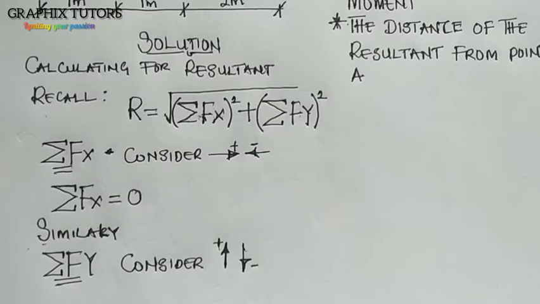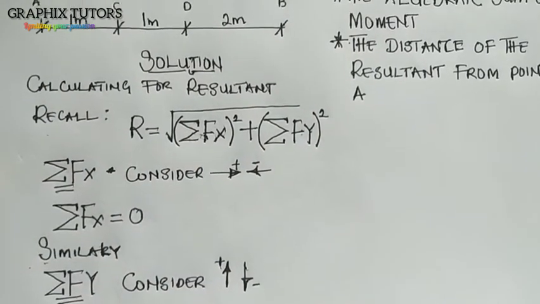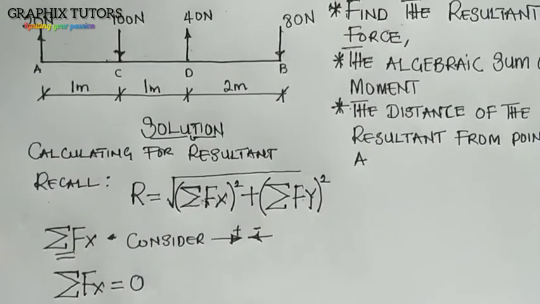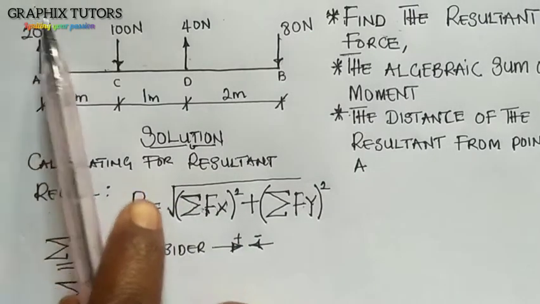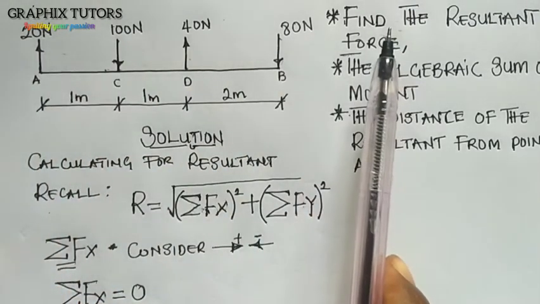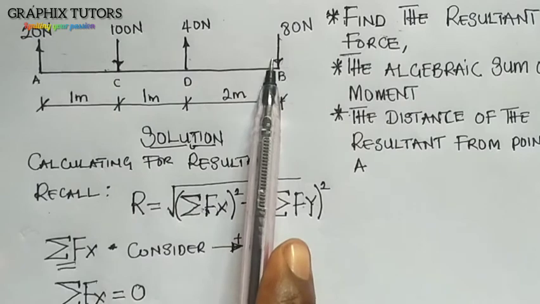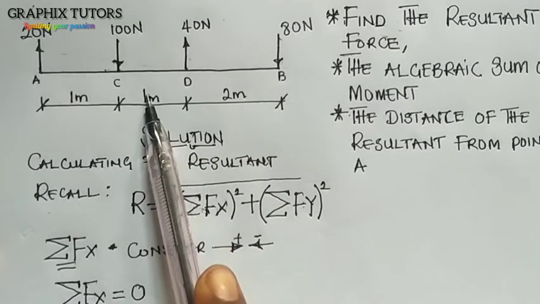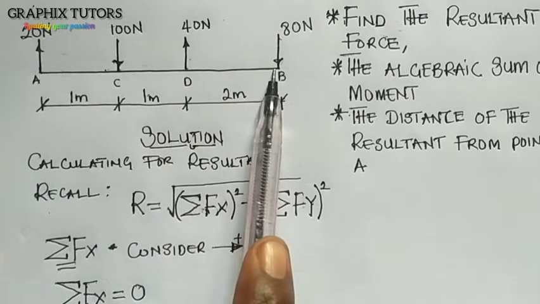Right? So in doing that, we can say we have F of y means vertical forces, and we have 4 vertical forces. In the vertical forces, we have 2 upward forces and we also have 2 downward forces.